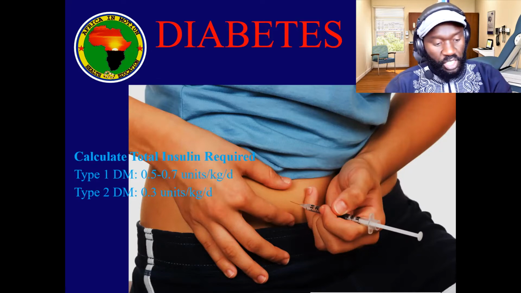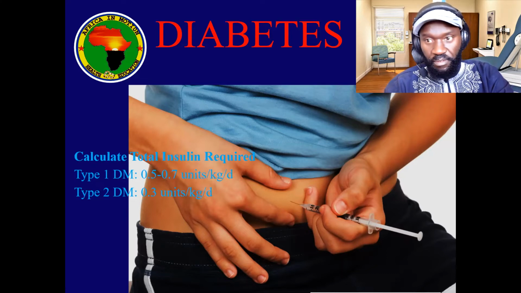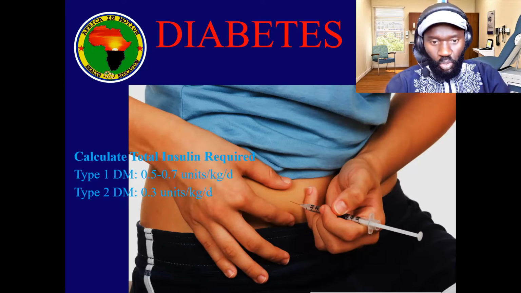So 15 units, you will take two-thirds in the morning and one-third in the evening. Two-thirds is 10 units, and one-third will be in the evening. So the doctor will teach you, will show you how to use it.